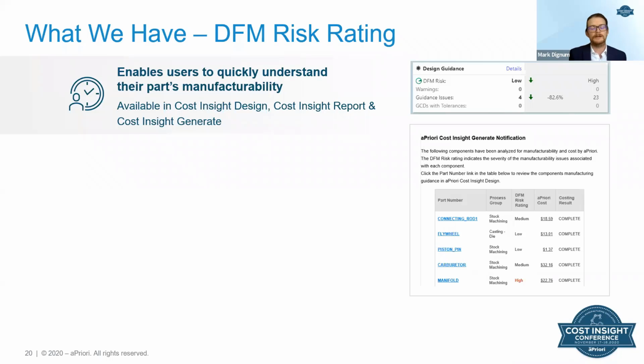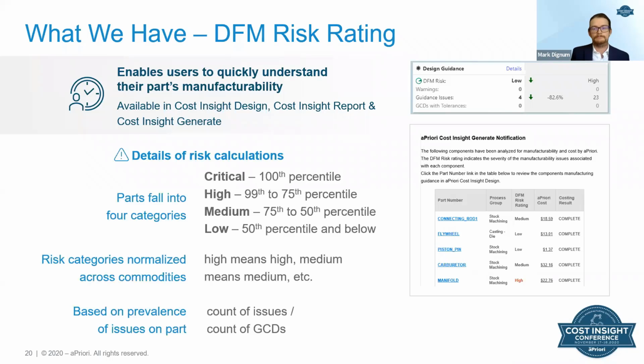The DFM risk rating is available in Cost Insight Design, in Cost Insight Report, and in Cost Insight Generate. At a basic level, it's a high-level classification of the risk rating of that part. We've broken the risk rating down into 4 distinct categories: critical, high, medium, and low, which are pretty self-explanatory in terms of their priority for what you should look at.